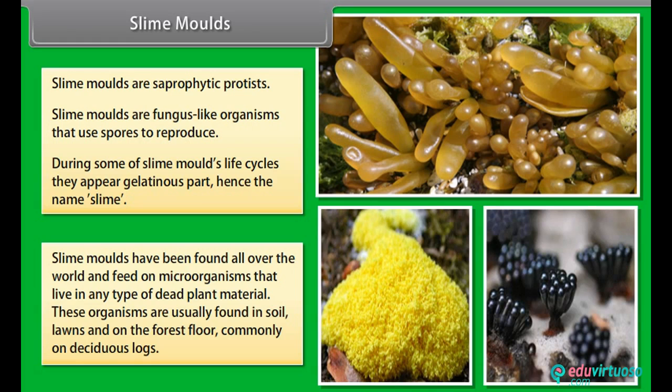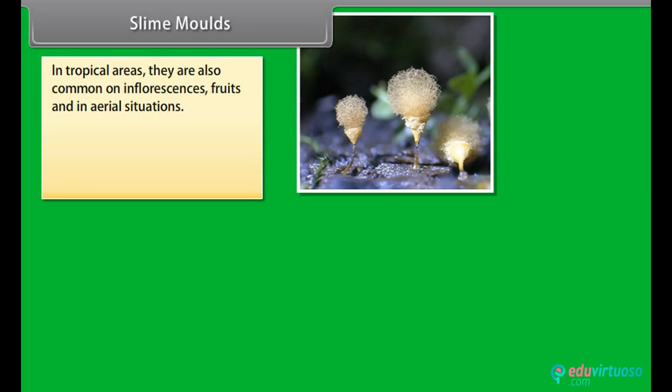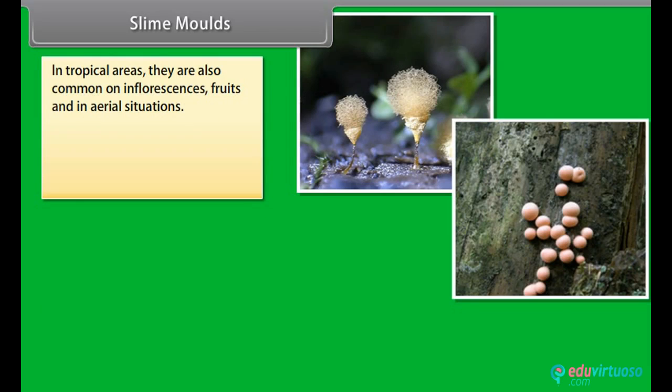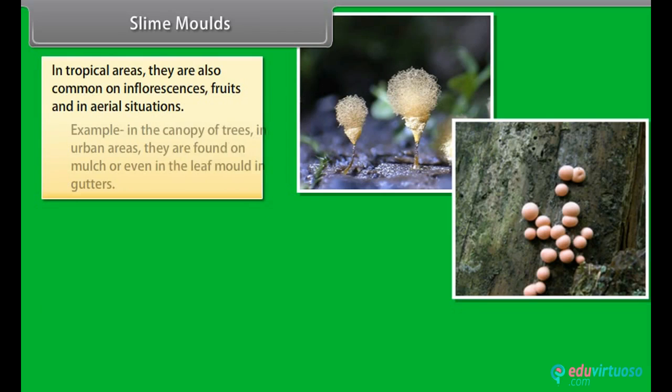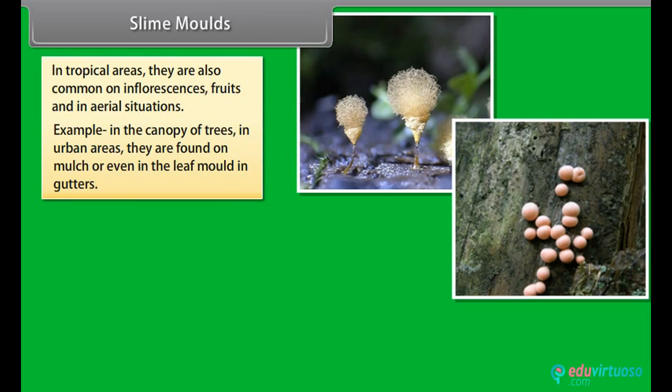These organisms are usually found in soil, lawns, and on the forest floor, commonly on deciduous logs. In tropical areas, they are also common on inflorescences, fruits, and in aerial situations, for example, in the canopy of trees. In urban areas, they are found on mulch or even in the leaf mold in gutters.